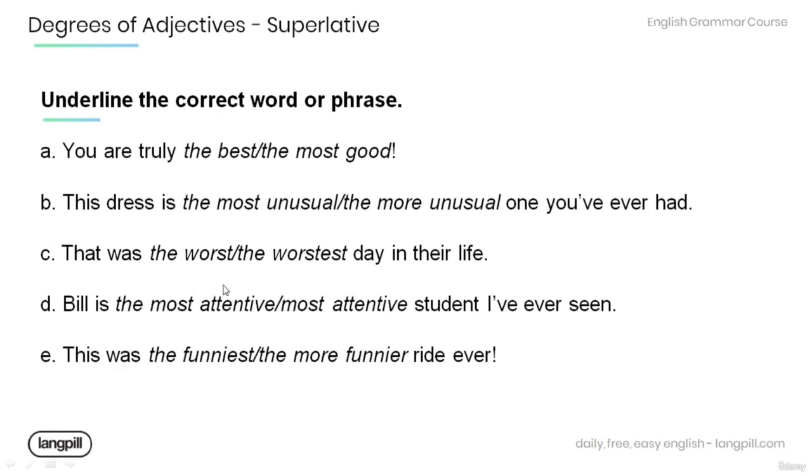C. That was the worstest day in their life. D. Bill is the most attentive student I've ever seen. E. This was the funniest, the more funnier ride ever.